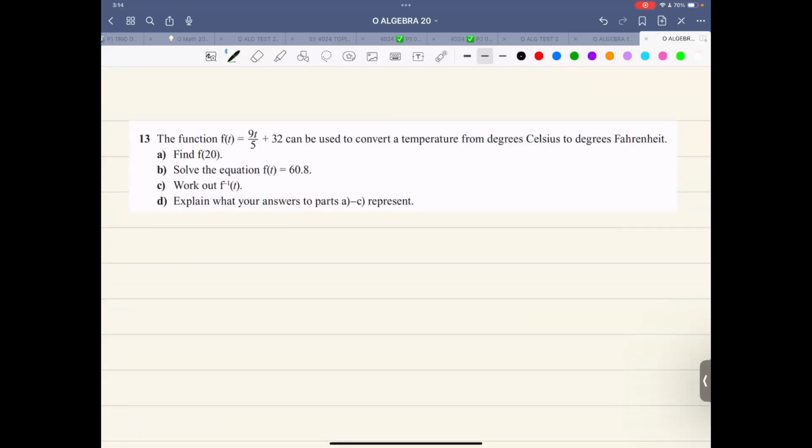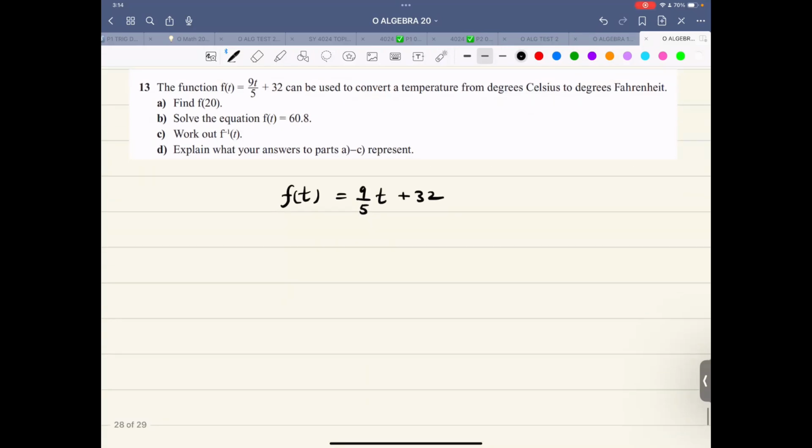The function f of t is equal to 9 over 5t plus 32 can be used to convert a temperature from degree Celsius to degree Fahrenheit. So this t is Celsius, and this f of t is Fahrenheit.